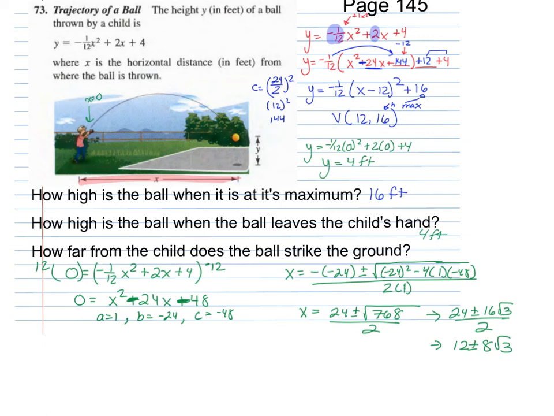To get my actual value, I'm going to use a positive value, so I'm going to focus on 12 plus 8 square root of 3, because the other one will give me a negative value. And I'm going to get that x is 25.86 feet. That is the distance that we're looking for.